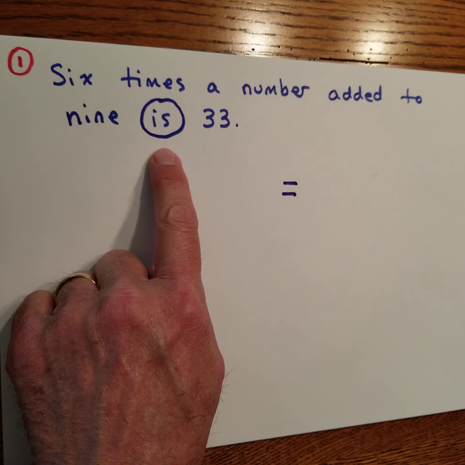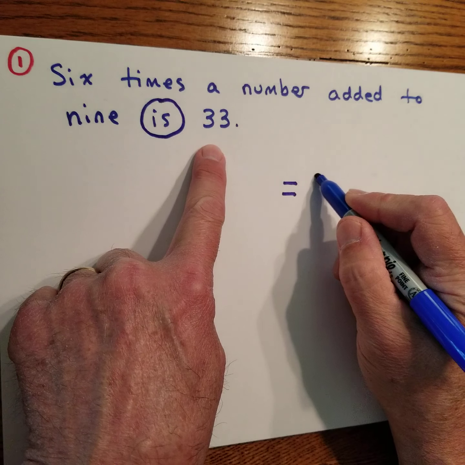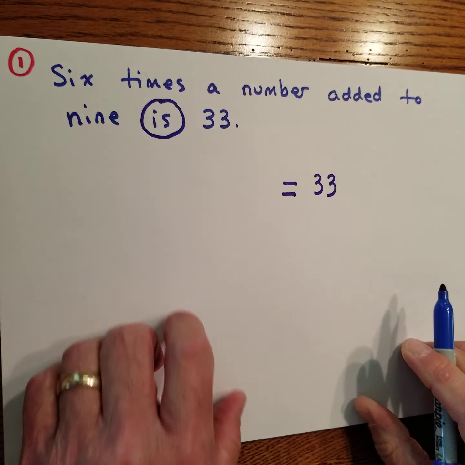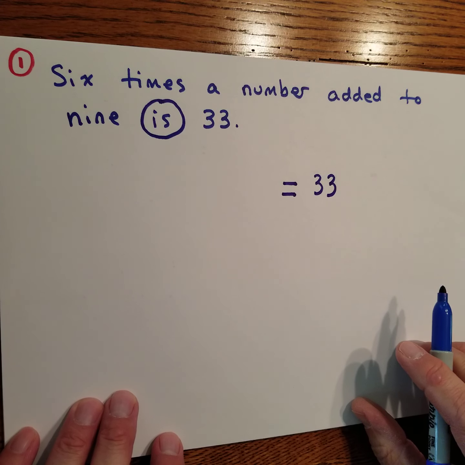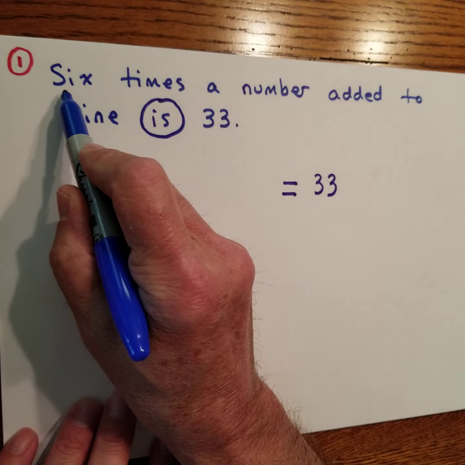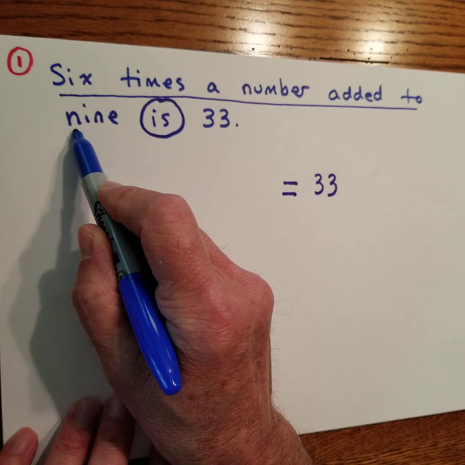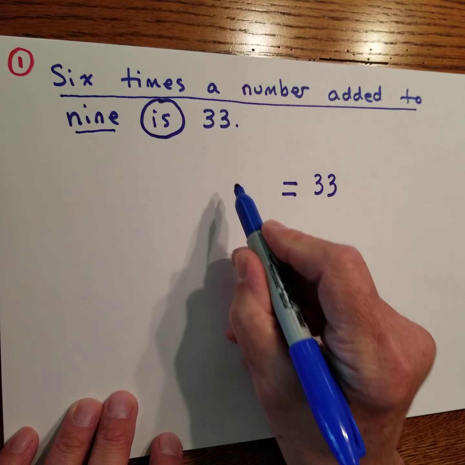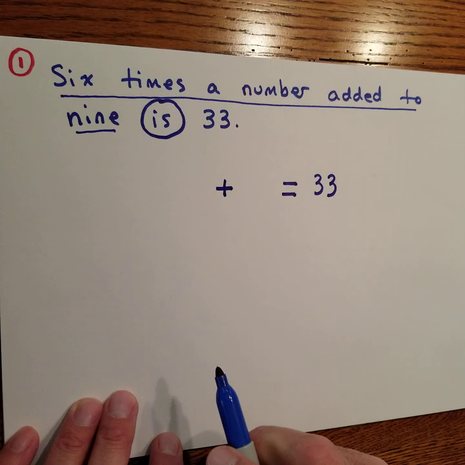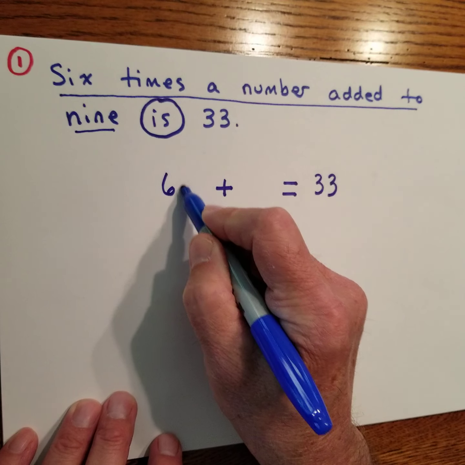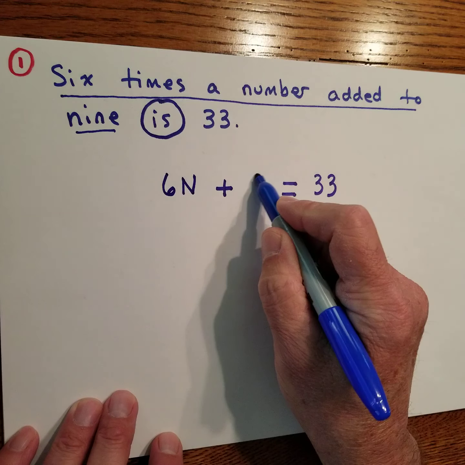What comes after the equal sign is the number 33. Now what comes before the equal sign? All of this. 6 times a number added to 9. Added. I need 6 times a number added to 9.